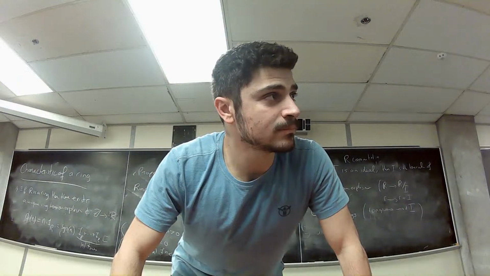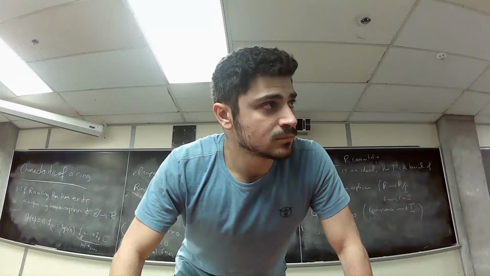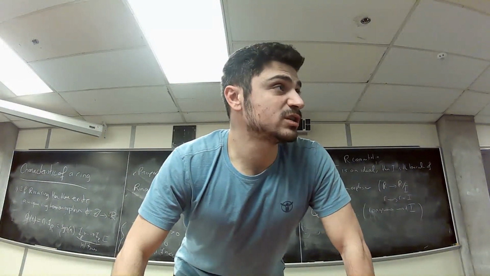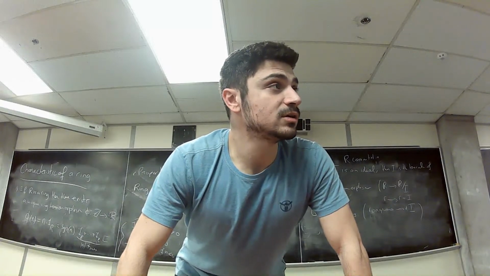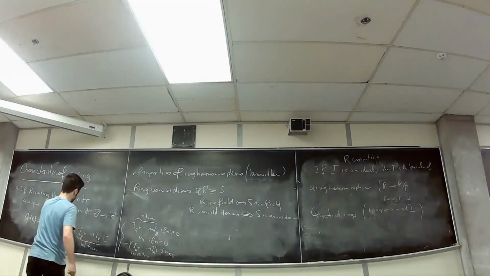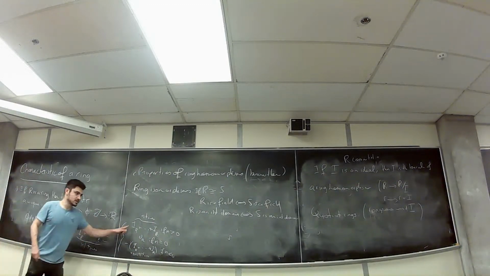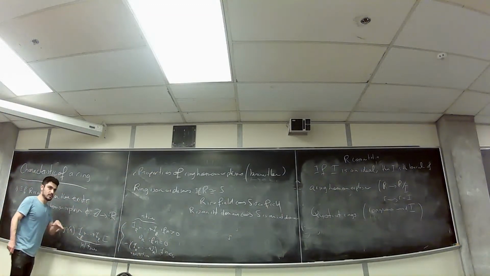Like, what was being written as sign of n minus 1, k? No, this is the sign of a transposition of a permutation. This is just the sign of a number. If this number is positive, the sign of 5, for example, is 1. Sign of minus 1 is minus 1.